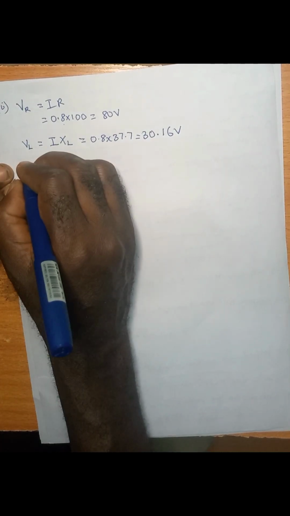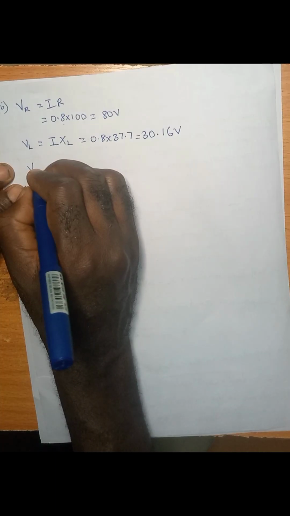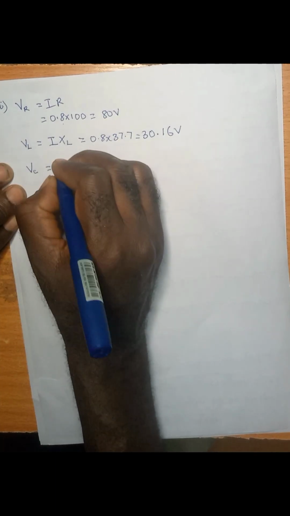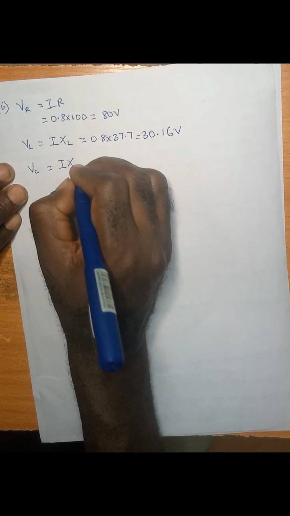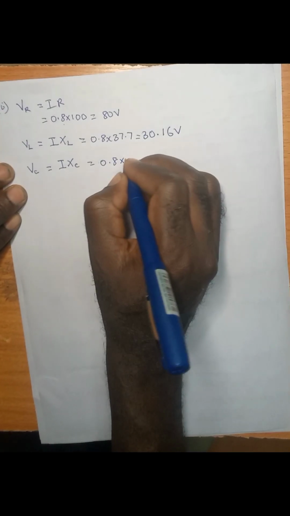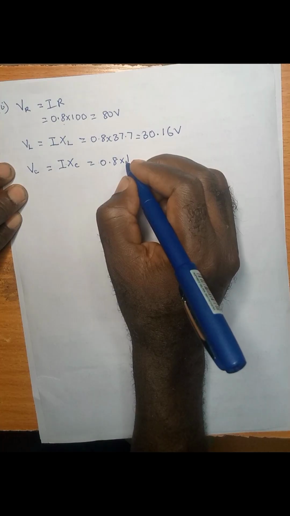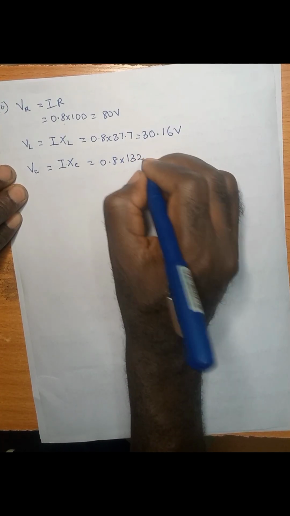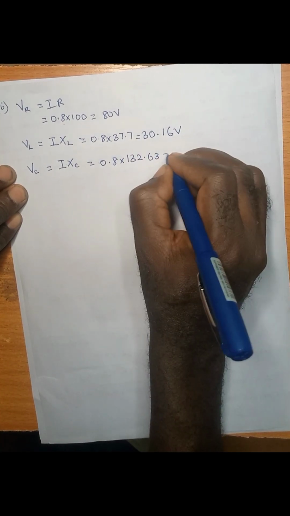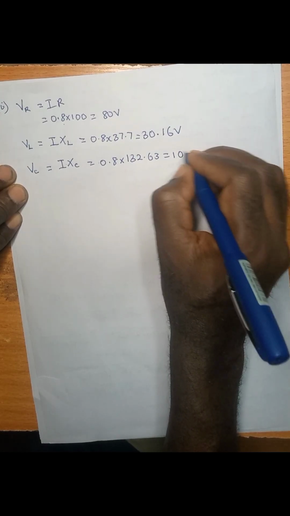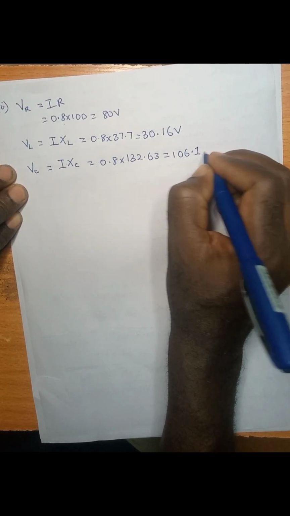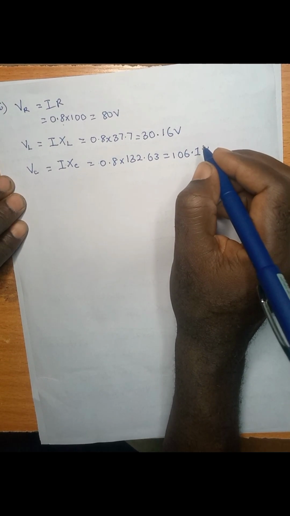Then voltage across the capacitor, VC, is equal to I XC, which is equal to 0.8 multiplied by 132.63, and this gives 106.1 volt. Now we can check whether these voltages that we calculated are correct. How? Now let us check.